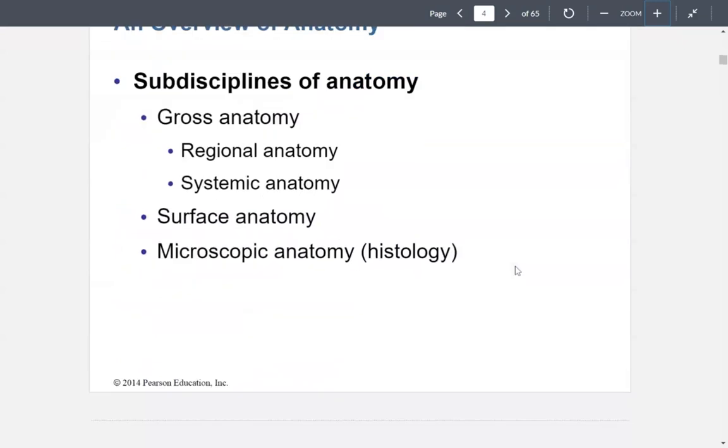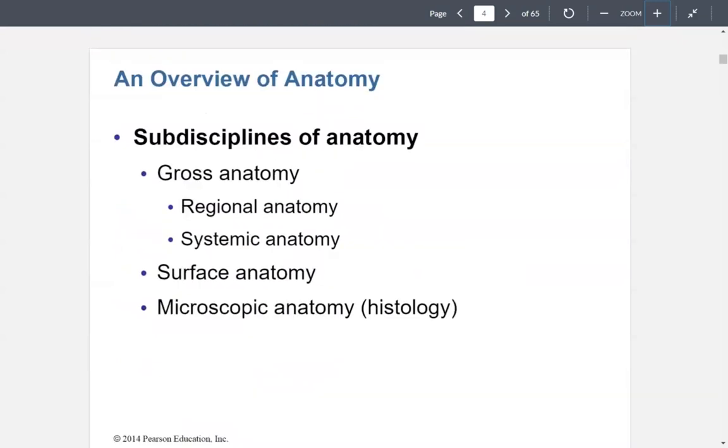Now, anatomy is divided into various disciplines, and depending upon what you're interested in depends on what sort of discipline you will go into. Obviously, there is medicine and all the sub-disciplines within medicine: internal, OBGYN, orthopedic, but there's more than that. You could be somebody who simply studies gross anatomy.